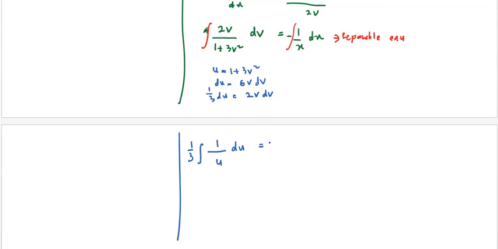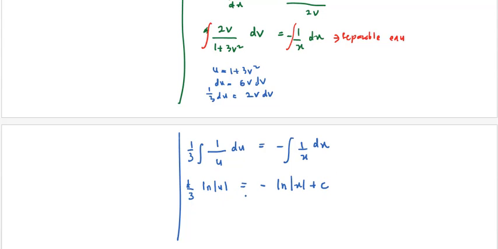Yang ini kamu tak integrate dulu pun tak apa, no problem. Now kamu integrate, kita akan dapat 1/3 ln u equal to negative ln x plus c. Remember, dekat belah kanan je kamu letak c, dekat left hand side tak perlu letak c.